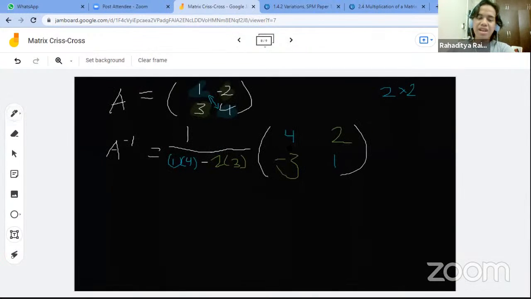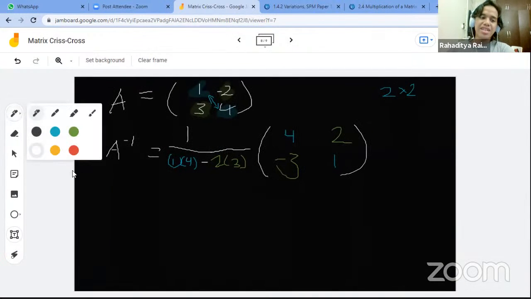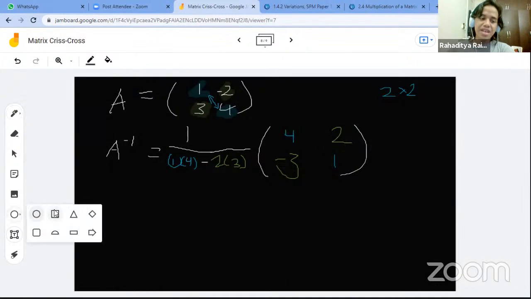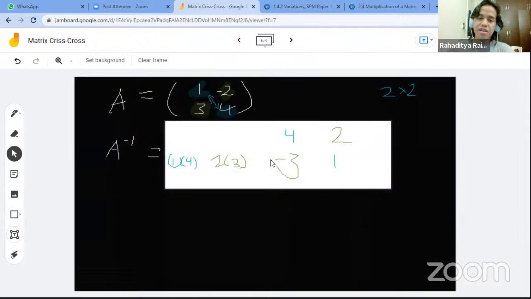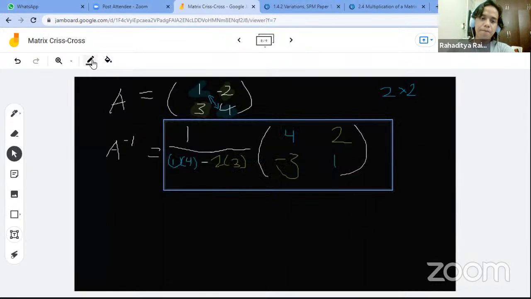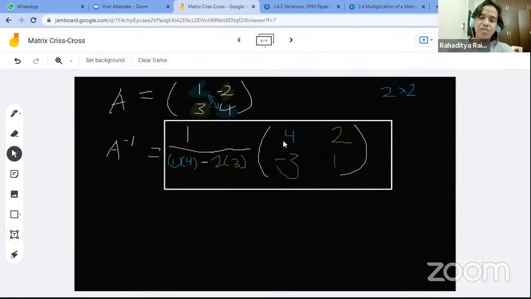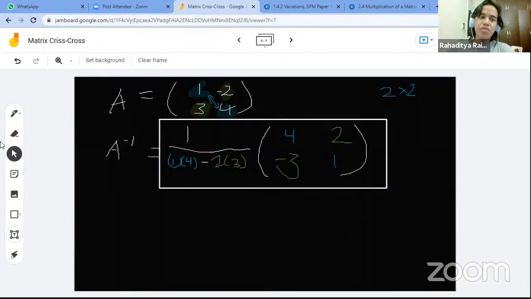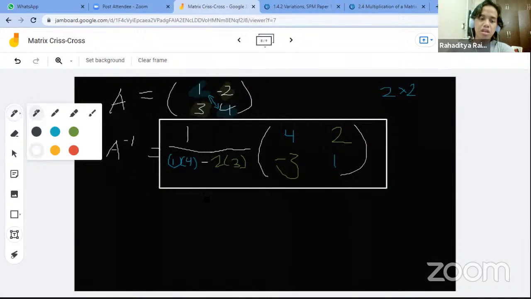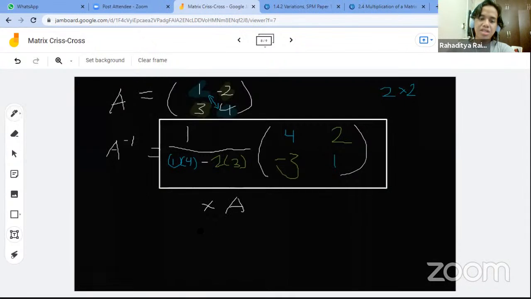But yes, when you multiply this entire thing, don't forget the coefficient, the coefficient is important, with the original matrix, you will get I back. You will get 1, 0, 0, 1, which is also I. So yeah, that's basically what an inverse matrix is.